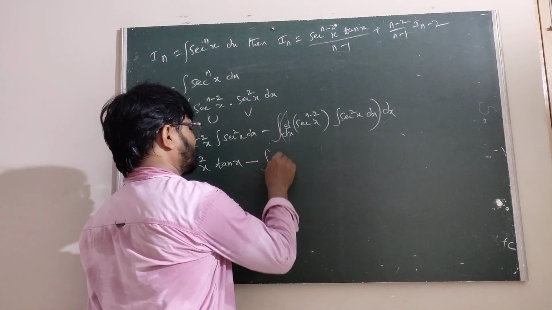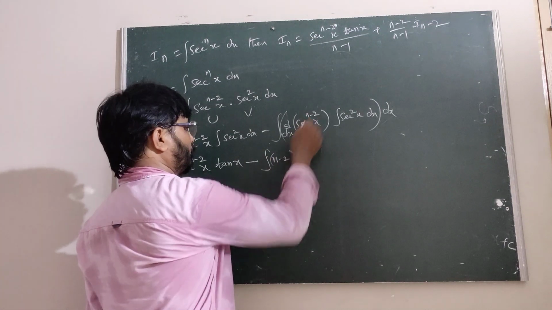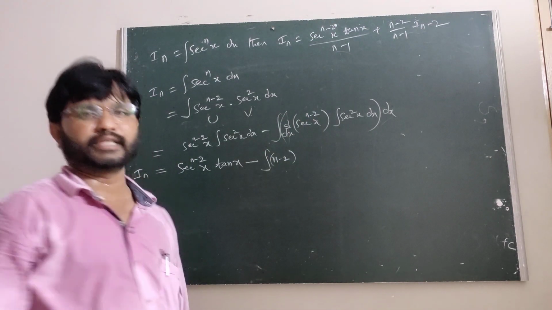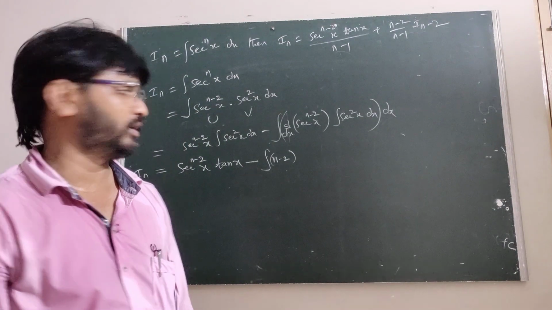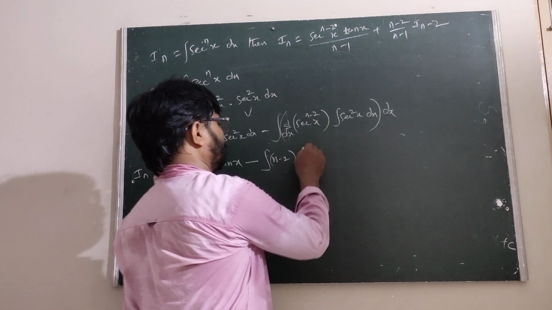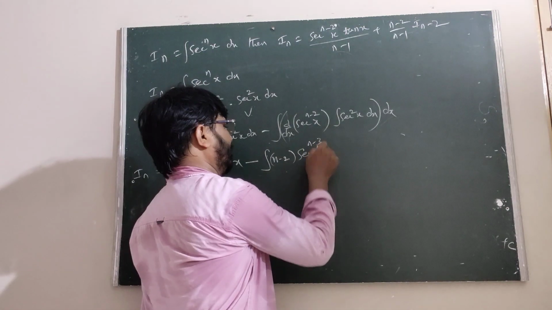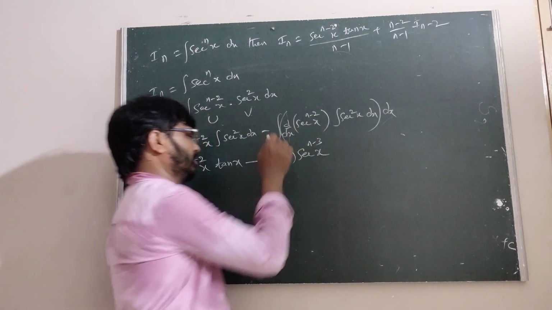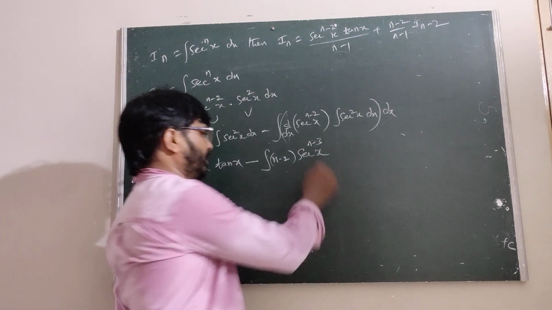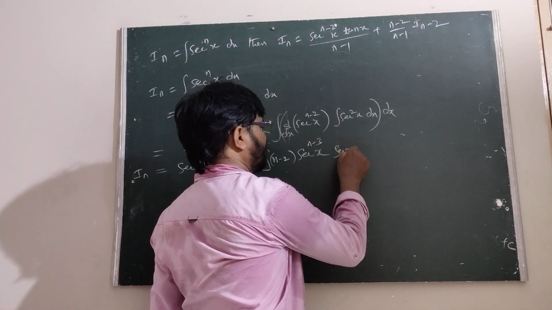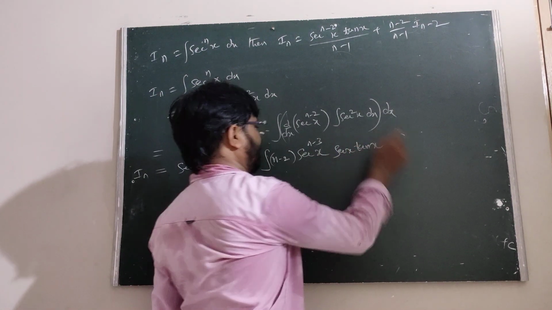Minus n minus 2 into the derivative of secant power n minus 2 x. The derivative of x power n is n into x power n minus 1, so this is n minus 2 into secant power n minus 3 x. The derivative of secant x is secant x into tan x.